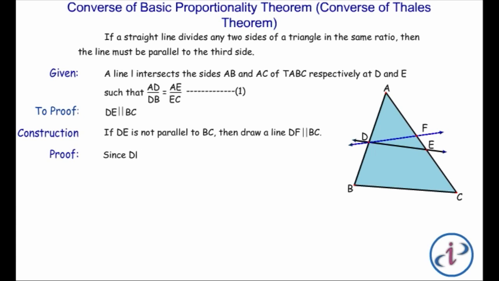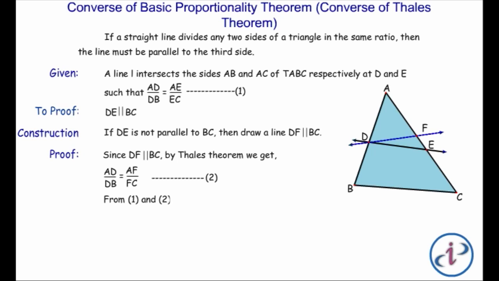Since DF is parallel to BC, by Thales theorem, we get AD by DB is equal to AF by FC. From equations 1 and 2, we get AF by FC is equal to AE by EC. Adding 1 on both sides and simplifying, we get AF plus FC by FC is equal to AE plus EC by EC.